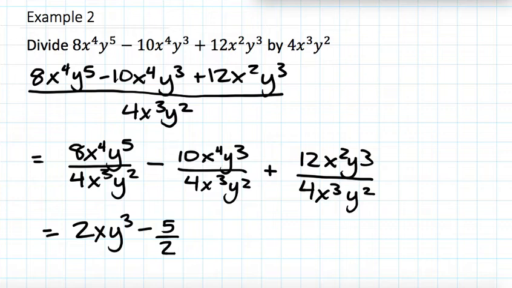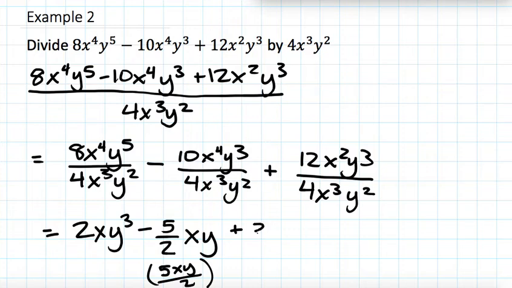Then I'm going to have x, the 4 minus 3, which is 1, y to the 3 minus 2, which is 1. Another way I could write this that should be acceptable for my math lab is to put the x and y on top of the fraction and then put 2 in the denominator. So I could enter it like that also, and that should be fine. Bring down the plus sign.